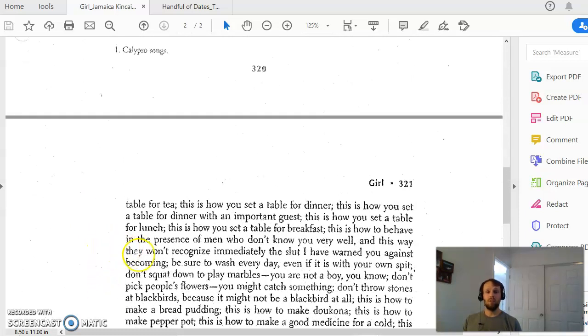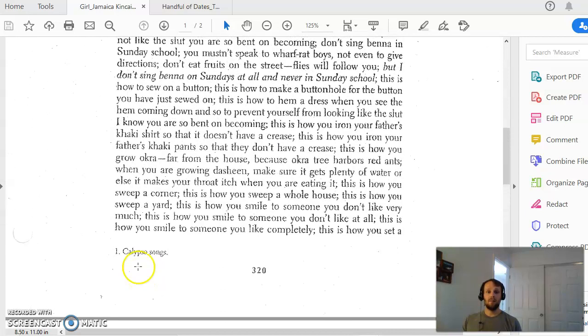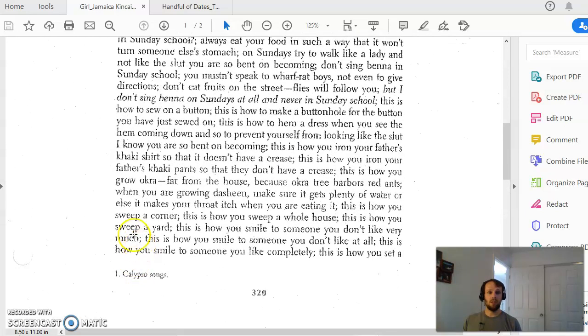There's a lot of literal language. This is how to do this, this is how to do that. But on the first page here, there are a couple examples that I think are pretty related to relationships as well. "Don't eat fruits on the street. Flies will follow you." That's right after the narrator says you mustn't speak to wharf rat boys, not even to give directions.